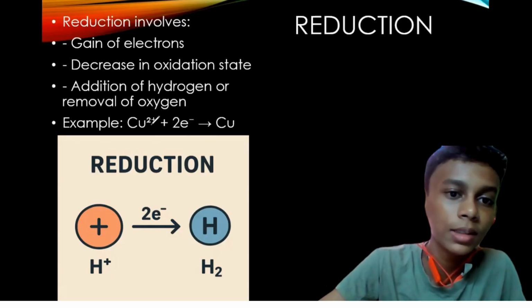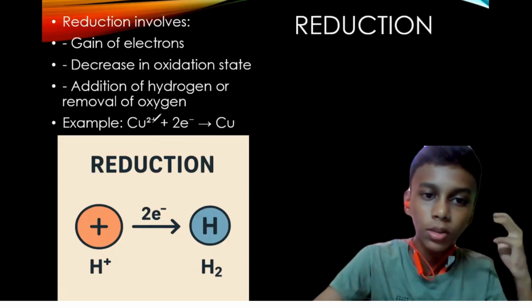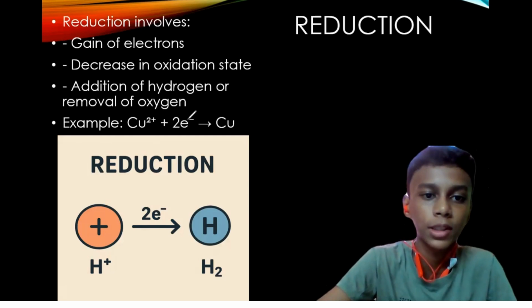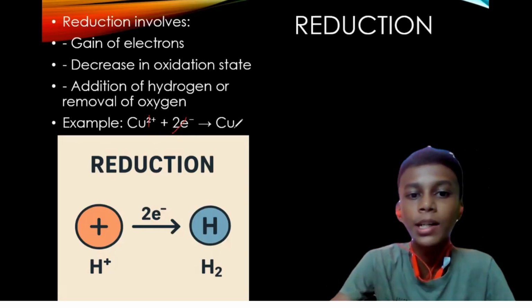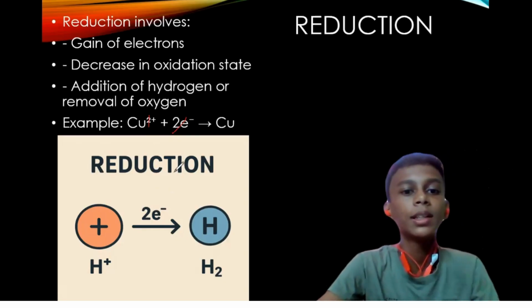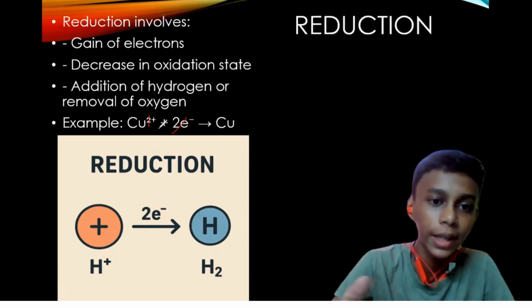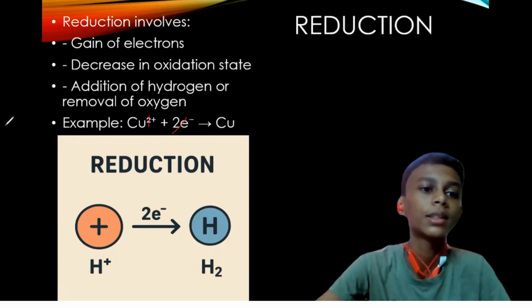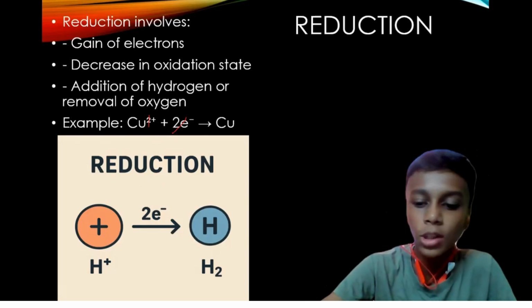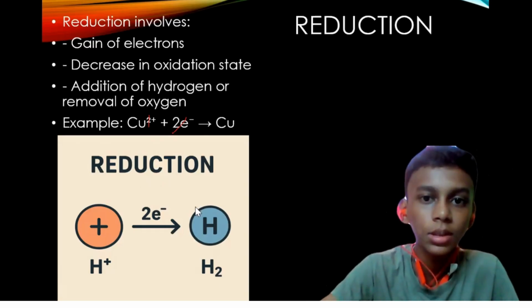What happens here is, since there are two positive charges and two negative electrons, we can cancel them out, which gives us neutral copper. Here there will be gain of electrons in the reduction reaction.